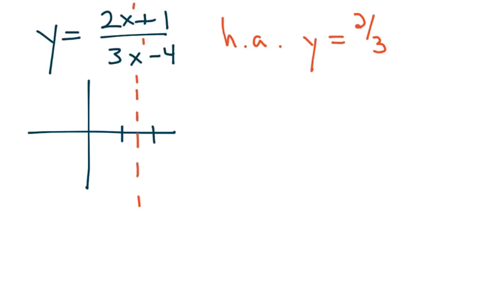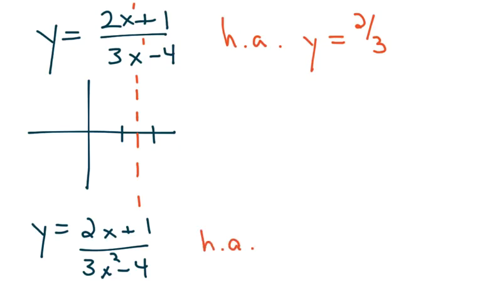But if I change this slightly and make this 2x plus 1 over 3x squared minus 4, now the larger exponent of x is in the denominator, in which case the horizontal asymptote was y equals 0. In other words, it approaches the x-axis and it doesn't cross it.